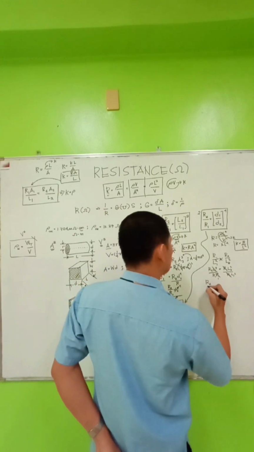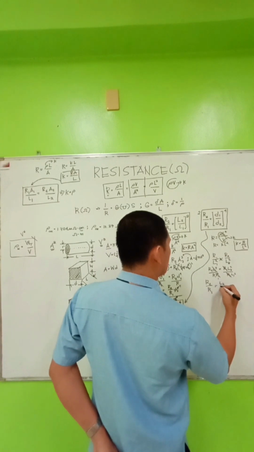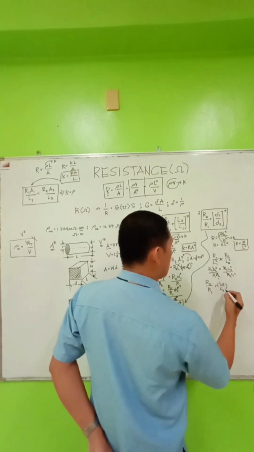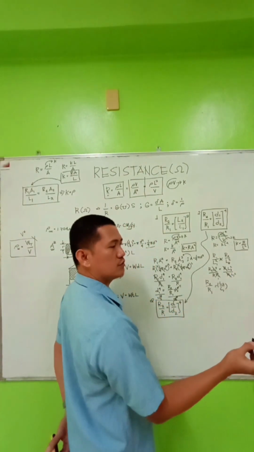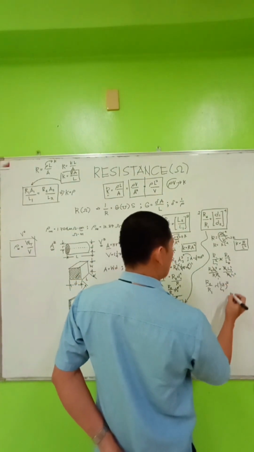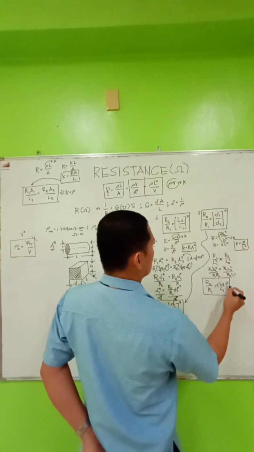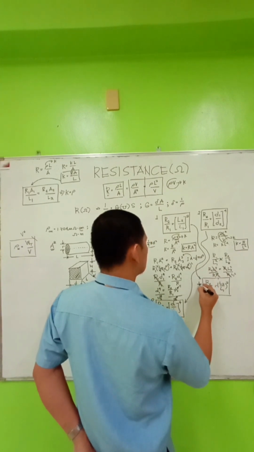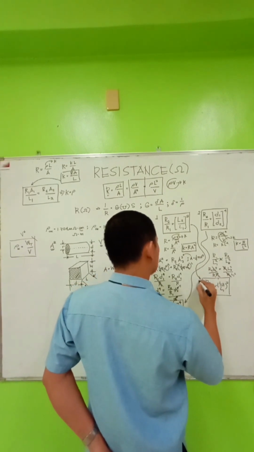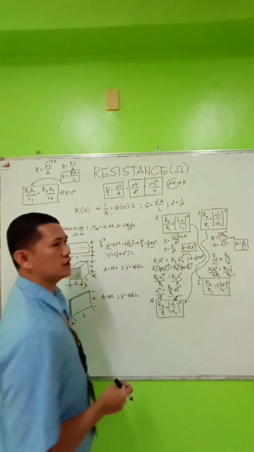Your R2 is equal to your R1 times, on the other side, your L2 over L1, with the properties of a power, so you copy the power. Okay? So that is your first formula. That is the same.